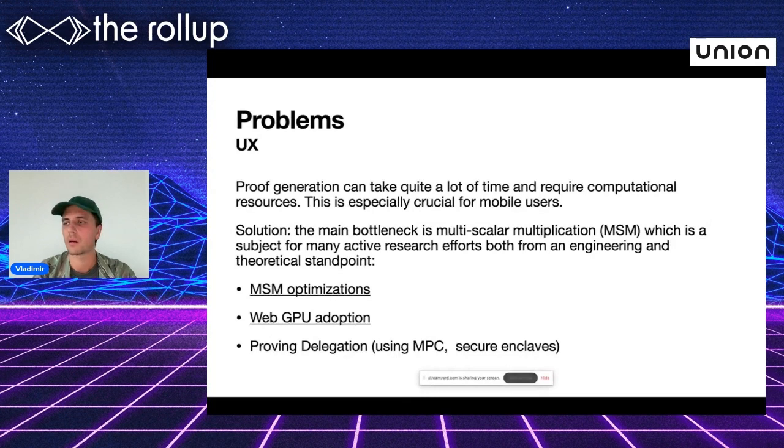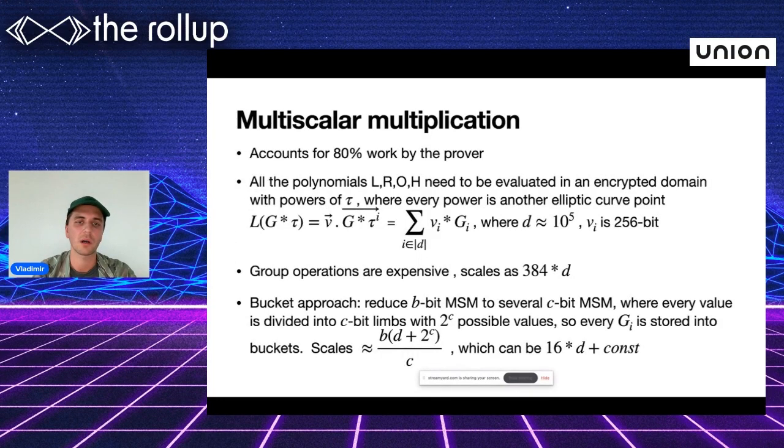There are certain directions, from the engineering standpoint and from the theoretical one also. A few words about this. If you remember, we had these multiple polynomials for left, right, output wires and quotient polynomials that we had to evaluate in the encrypted domain, which is a dot product.